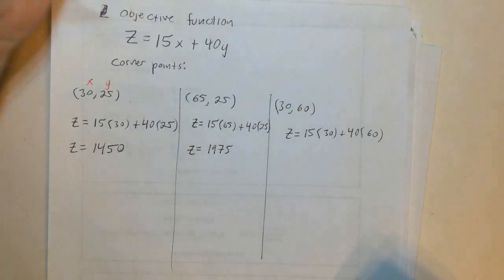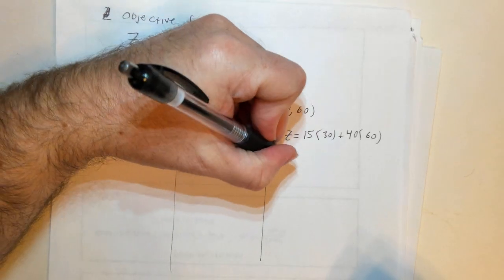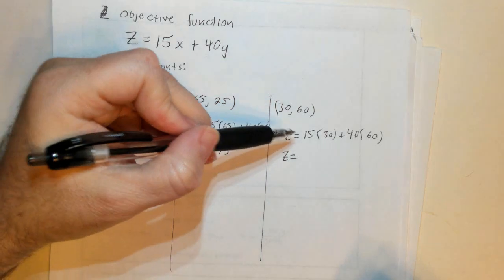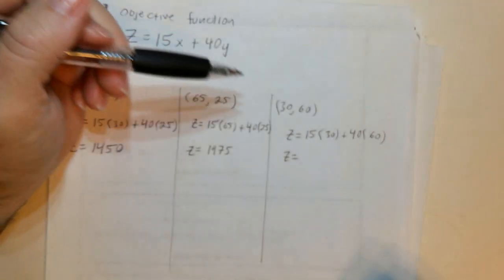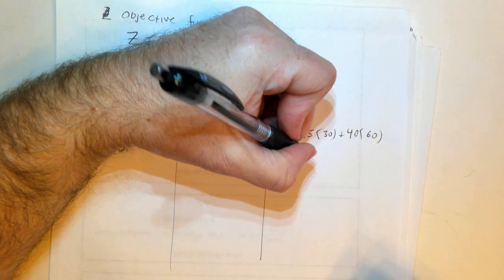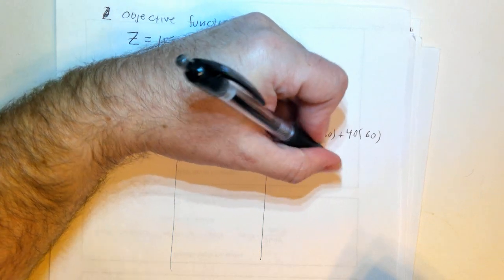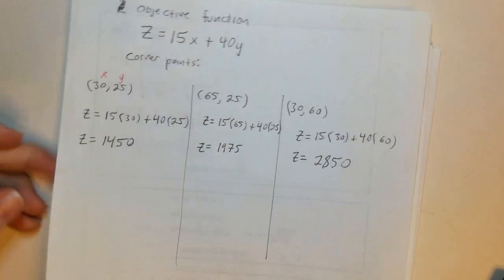Well, looks like this is our biggest number. 1530 plus 40 times 60 is 2850.